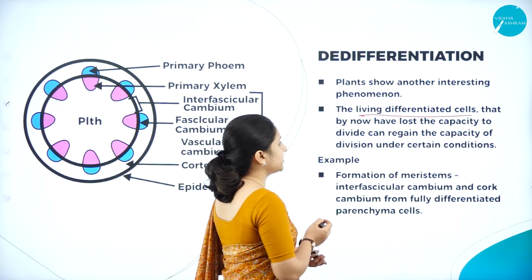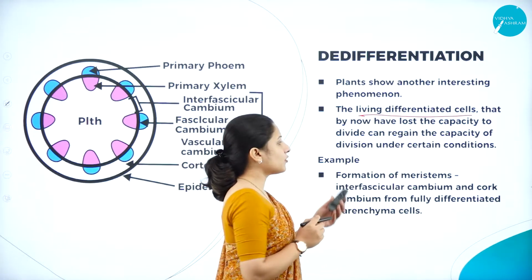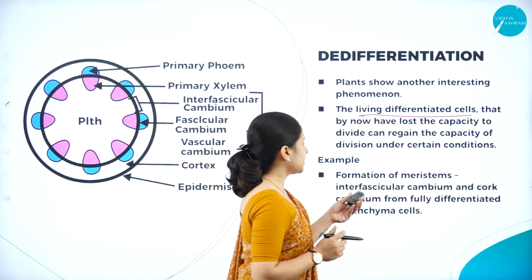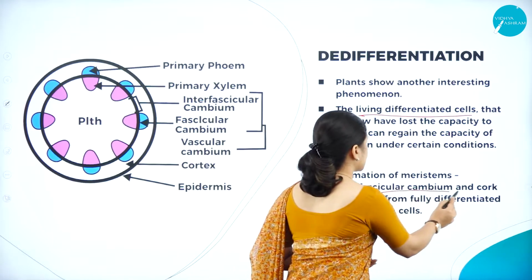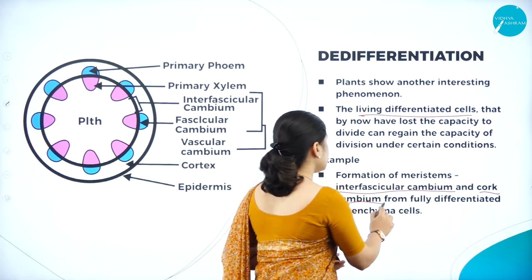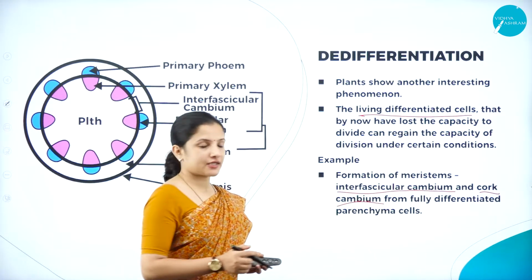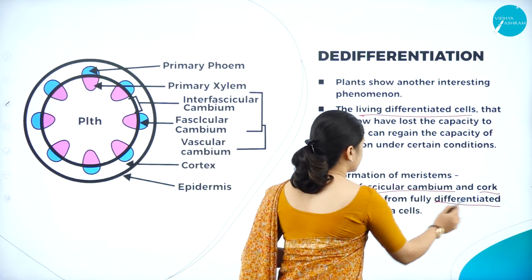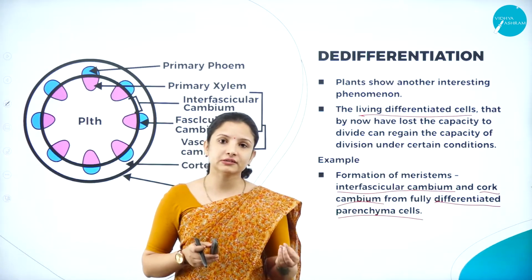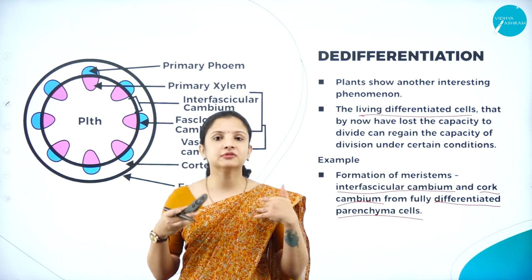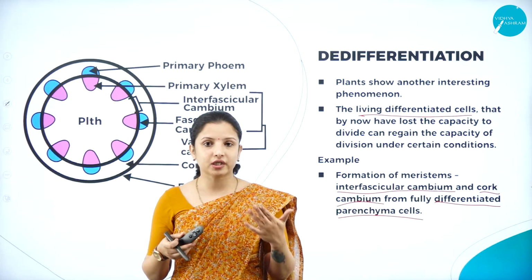The best example is the formation of meristems, such as the interfascicular cambium and the cork cambium, which form from fully differentiated parenchyma cells. Could we imagine that these cells can differentiate back? What is differentiation? The cells become structurally modified to perform a particular function.